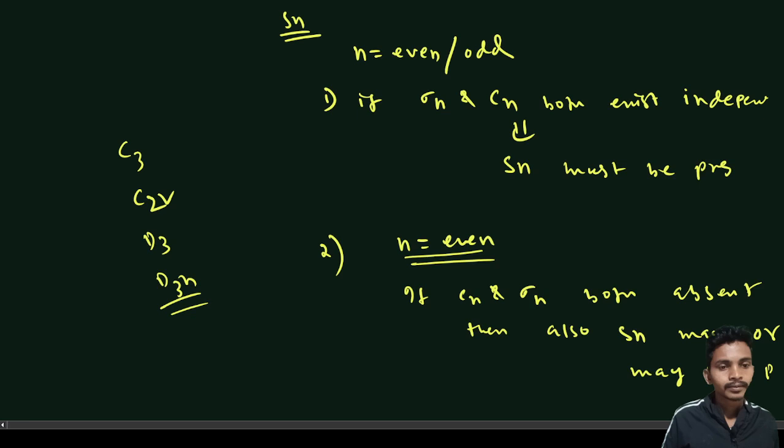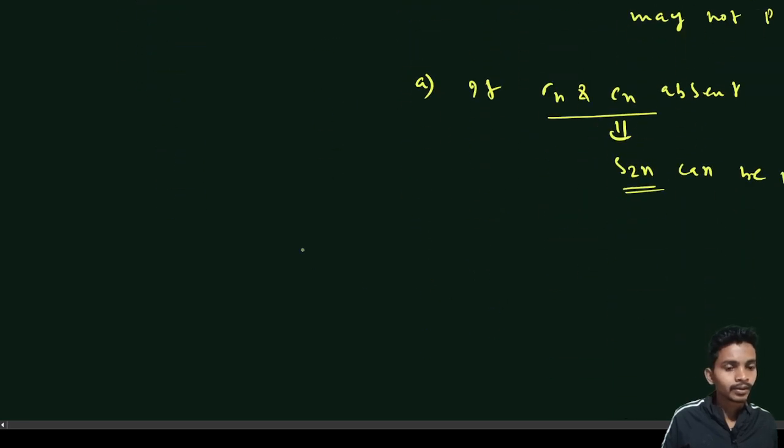Okay, this is the second point you have to remember. And the third point is that, for these points only, why S2n?